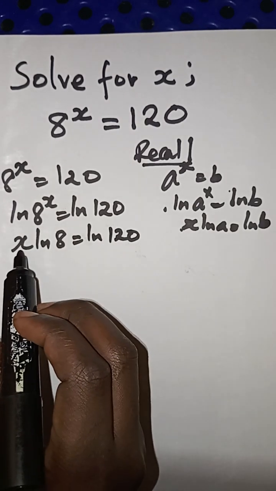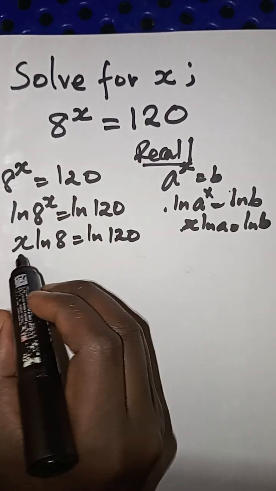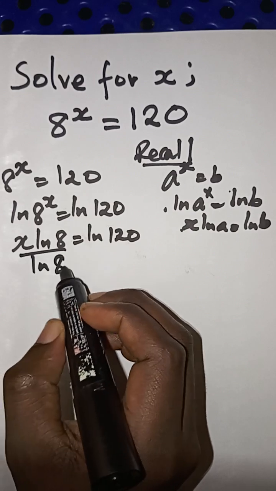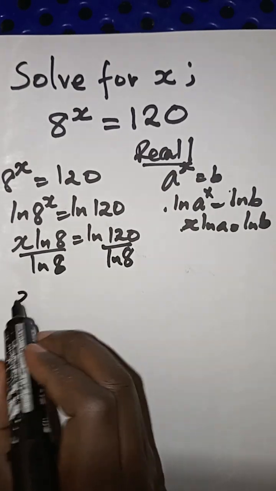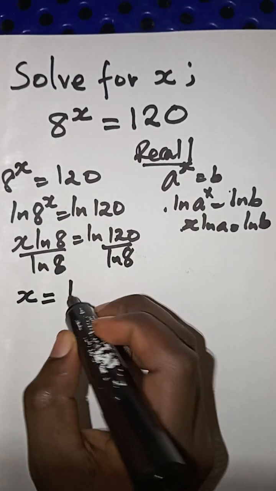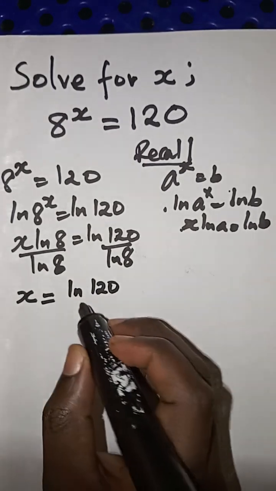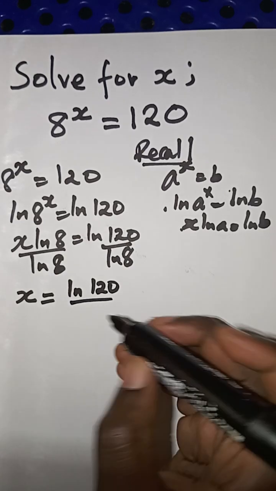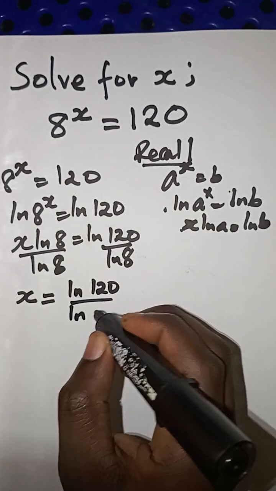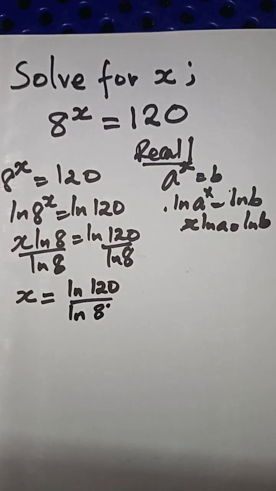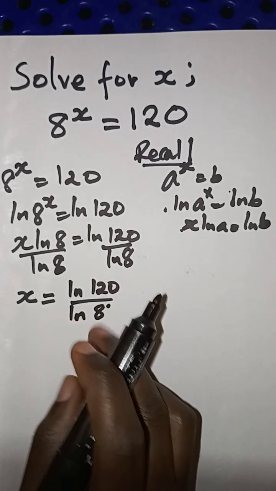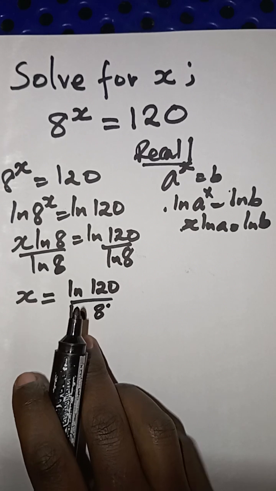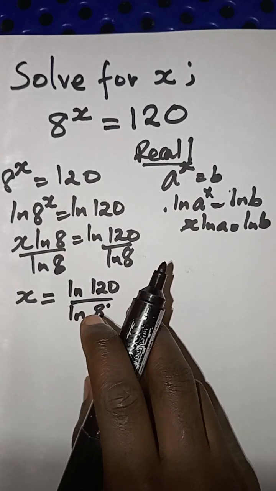For me to remain with x, I'm going to divide all through by the ln of 8, so that now my value of x becomes ln of 120 divided by the ln of 8. At this stage, you've found the value of x, but you're going to simplify it further.